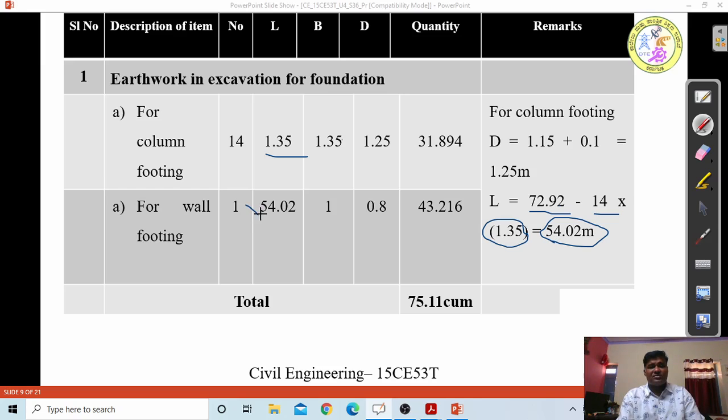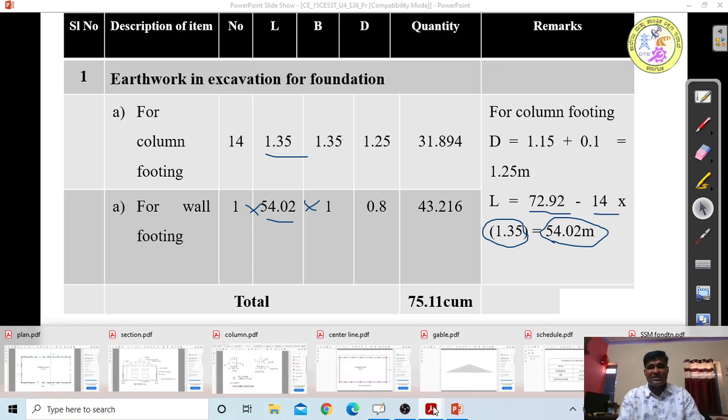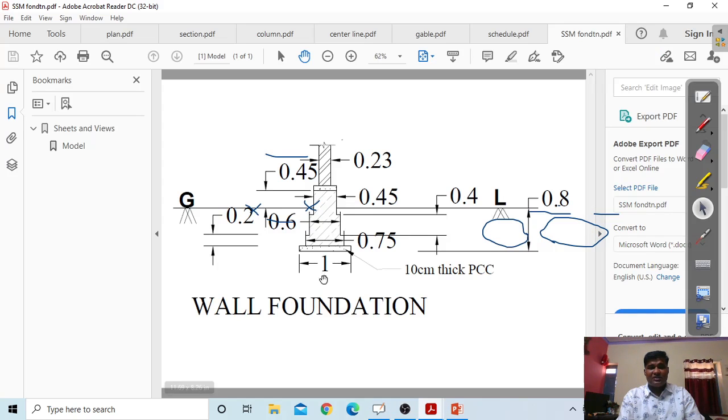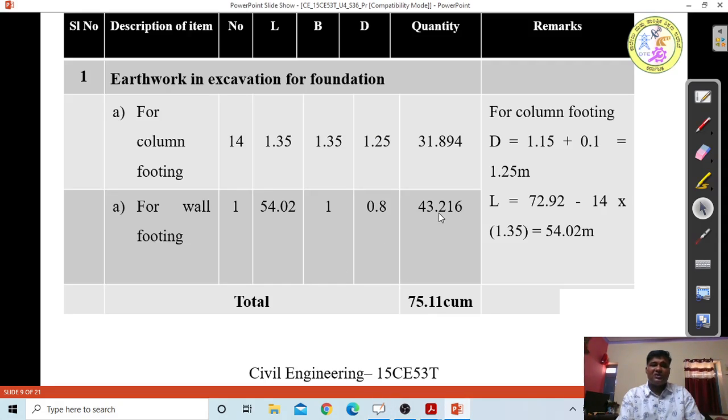So 1 into 54.02 into, so width of masonry, let us check the width and depth of the masonry. See here, the width is 1 meter, so from here to here it is 1 meter and the depth is 0.8 meters. So 1 into 0.8 will give me 43.216 cubic meters. So adding both these, I am going to get 75.11 cubic meter of masonry.